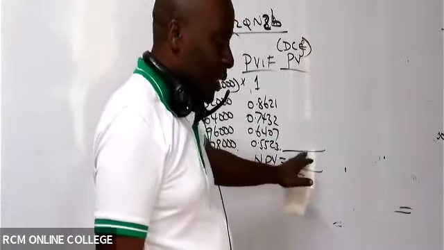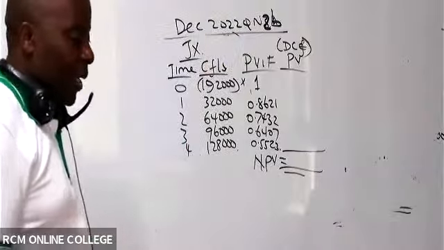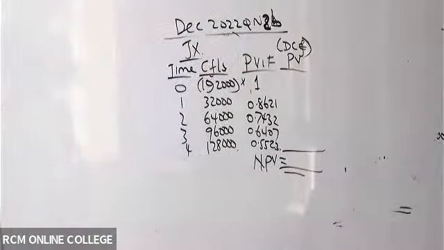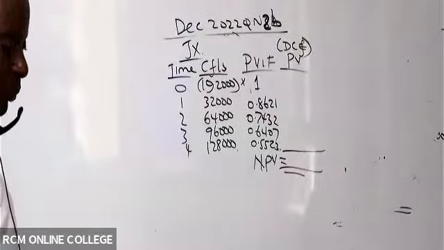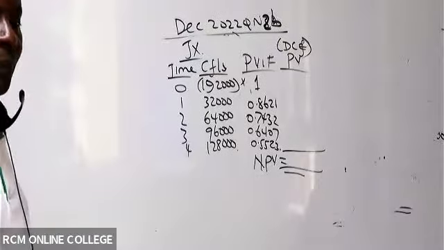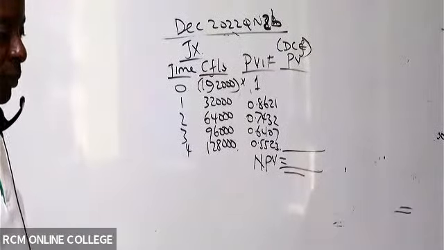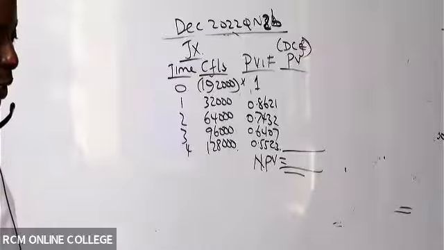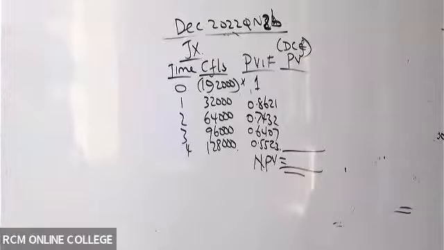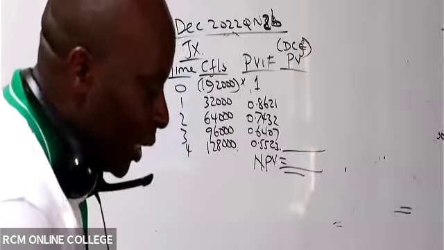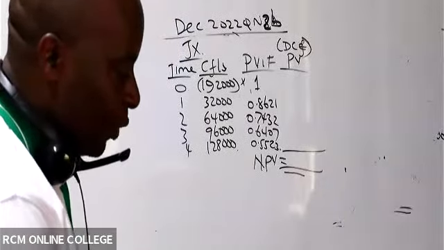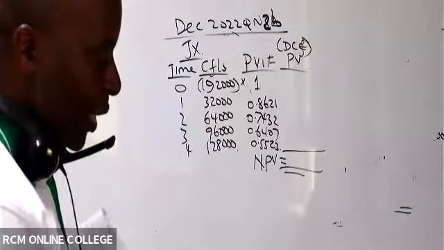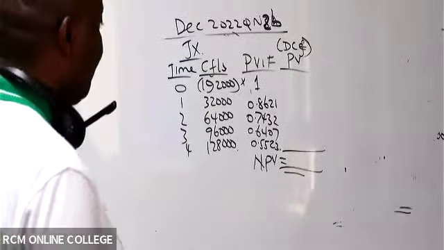I simply want you to give me the summation of everything. So according to Shayla, this is supposed to be 15,353.